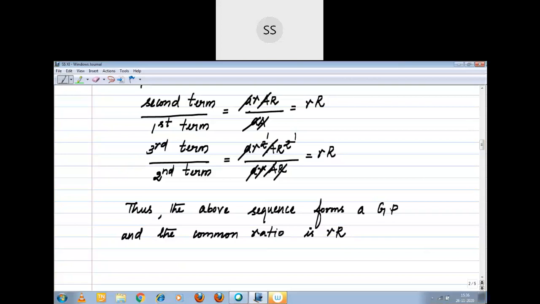Then they are asking to find the common ratio. Both we did. Got it, children?